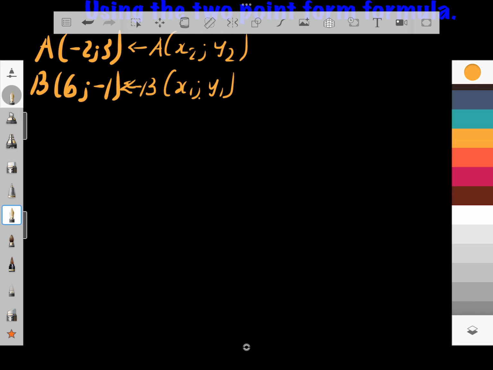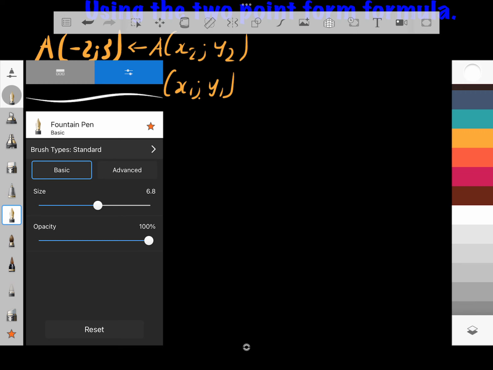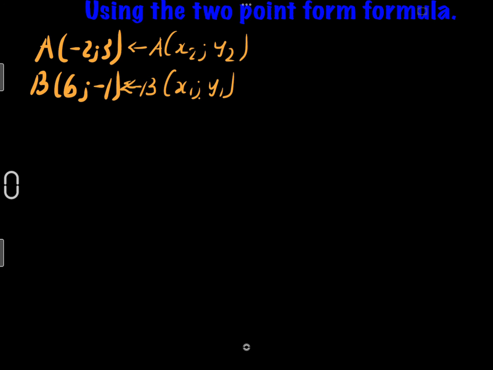So moving forward, by calculations, we should now be able to integrate these parameters successfully into our general equation, which goes like this: y minus y2 equals the change in y over the change in x, multiplied by x minus x2, close bracket.